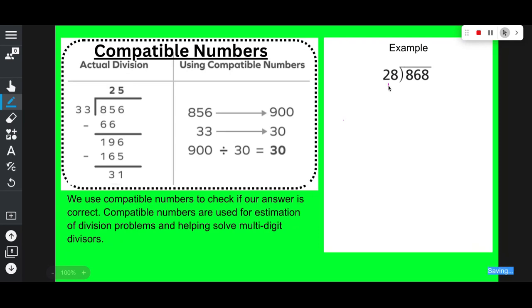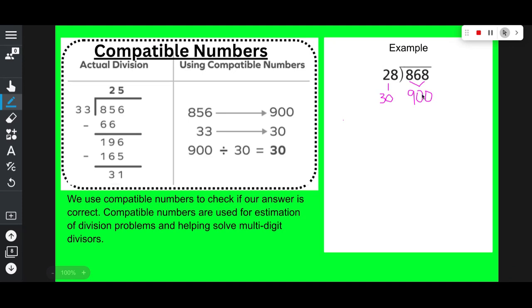I'm going to say that 28 is close to 30. And 868 is close to 900. So I might round these to those two numbers to see.